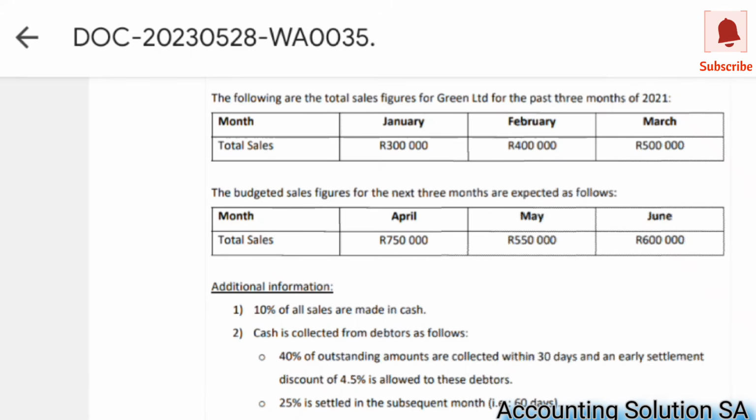But in this case, guys, because cash sales is once off, the client pays at the same time, when we calculate for April, we have to use the amount of April. For May, we use the amount of May. June, the amount of June, because it's cash. We are going to receive it at the same time, 10%.